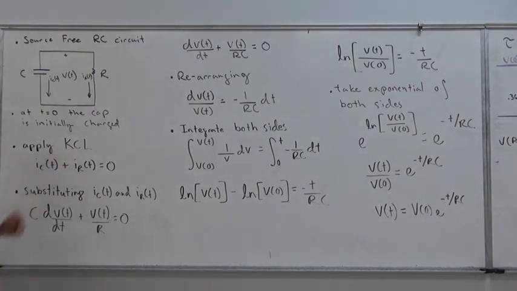So we can apply Kirchhoff's current law, KCL. By KCL, we see that I_C(t) plus I_R(t) is equal to 0. And it's equal to 0 because at this point, there is absolutely no separate excitation delivering energy to these two elements.